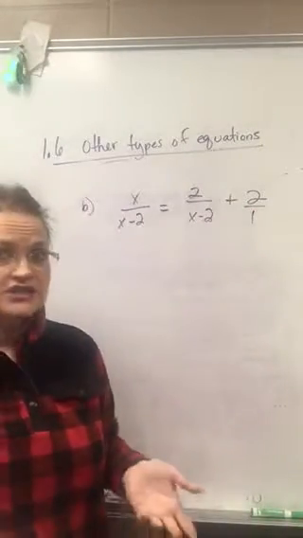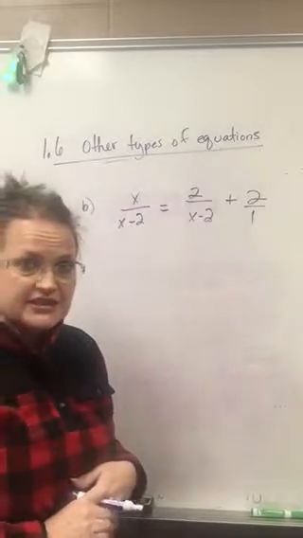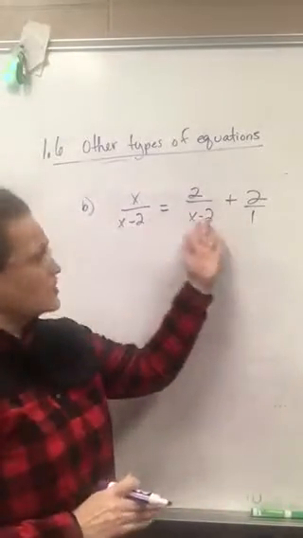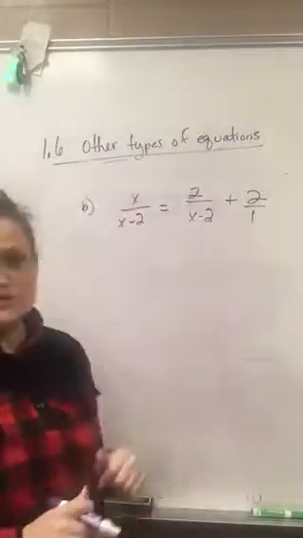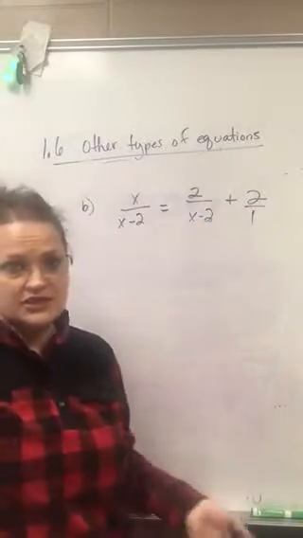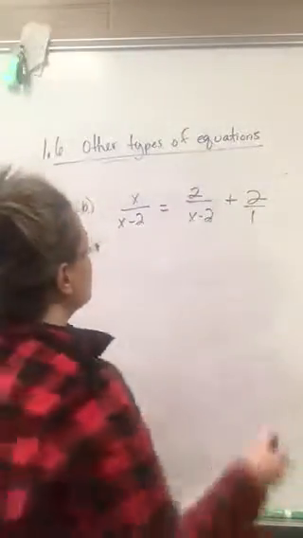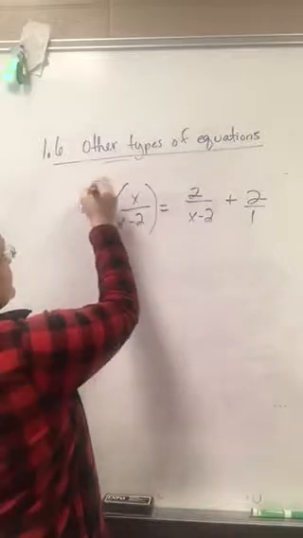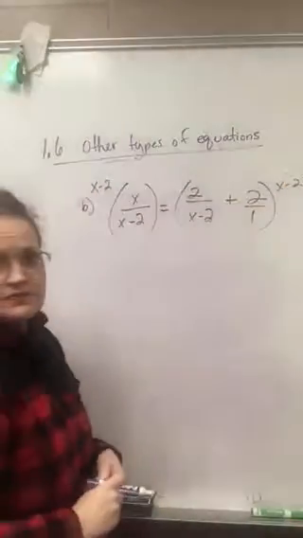But again, the fraction issue we're dealing with. So, always looking for the LCD to clear your fractions. There's only one type of denominator here, an x minus 2 here and an x minus 2 there, so just one x minus 2 will work for everything. Of course, 1 goes into everything, so the LCD is x minus 2, and we times that to each side.